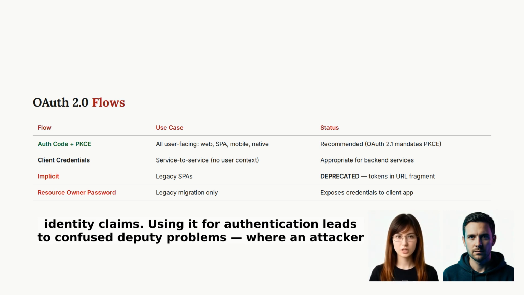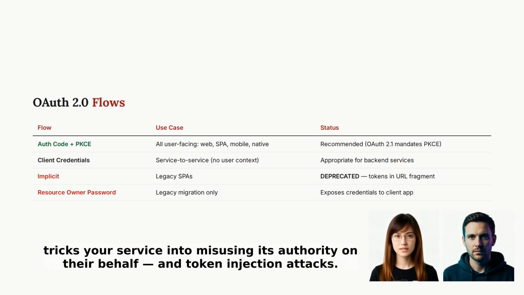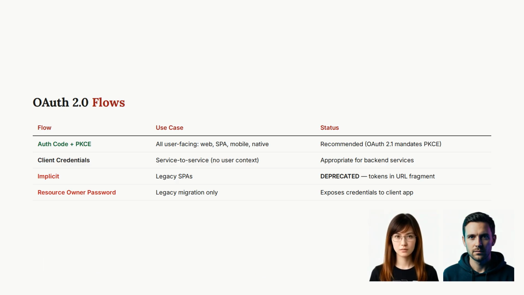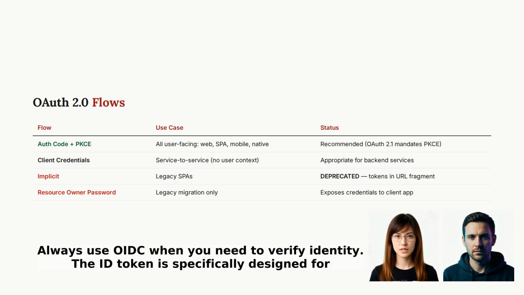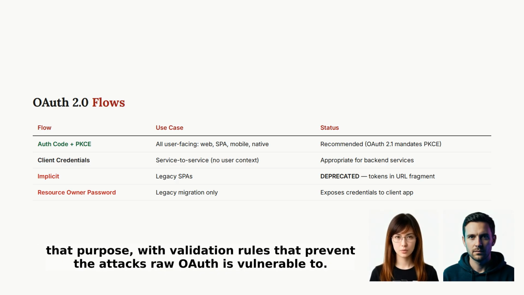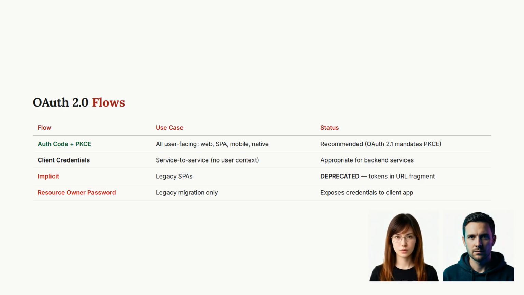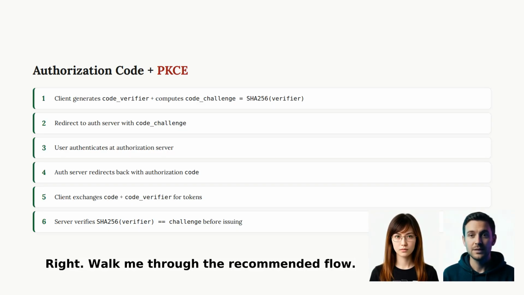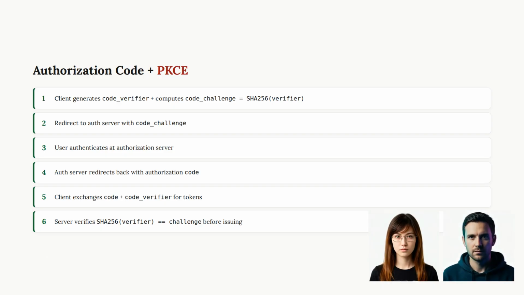Using it for authentication leads to confused deputy problems, where an attacker tricks your service into misusing its authority on their behalf, and token injection attacks. Always use OIDC when you need to verify identity. The ID token is specifically designed for that purpose, with validation rules that prevent the attacks raw OAuth is vulnerable to. Right. Walk me through the recommended flow.